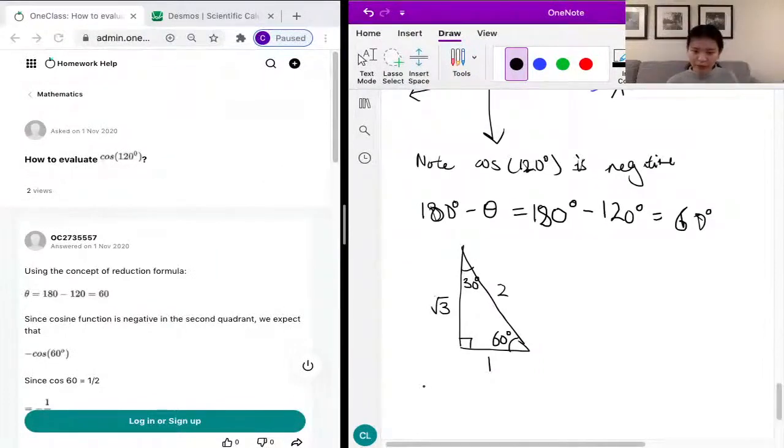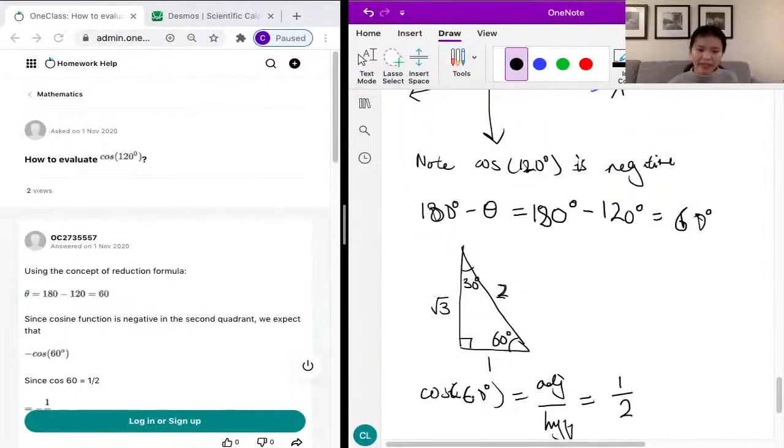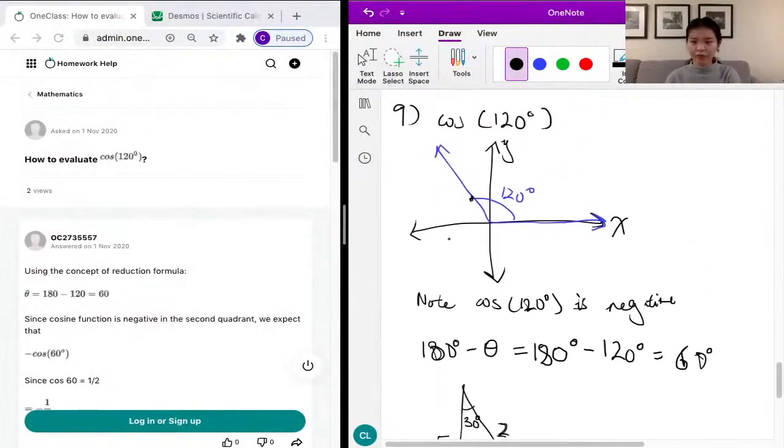Again, we are trying to get the cos of 60, and the cosine is equal to adjacent over hypotenuse. So the adjacent of the 60 angle over here is 1, and the hypotenuse of the 60 triangle here is 2. So we have 1 over 2, and that is the cosine of 60. However, the question didn't ask for the cosine of 60. The question asked for the cosine of 120.